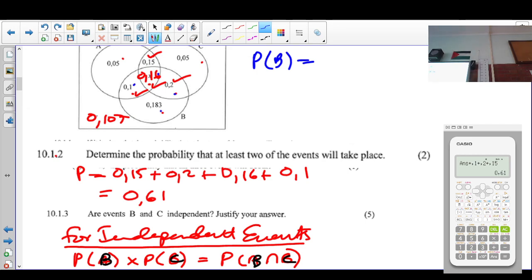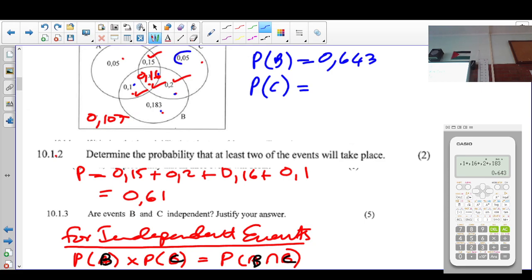So it will simply be 0.1 plus 0.16 plus 0.2 plus 0.183. So the probability of B is 0.643. Is that correct? 0.643.